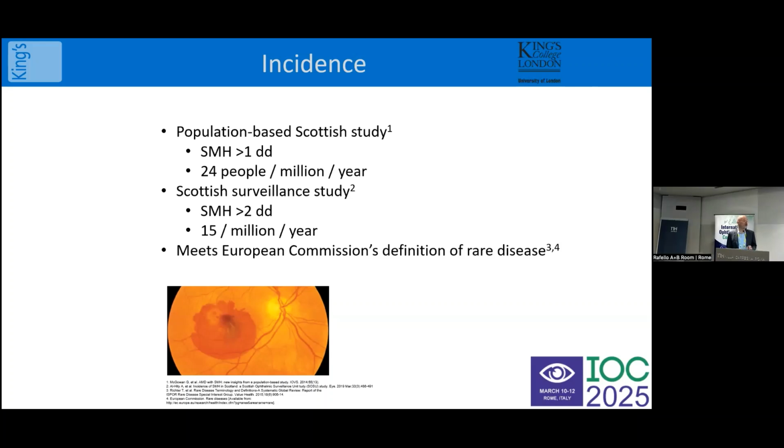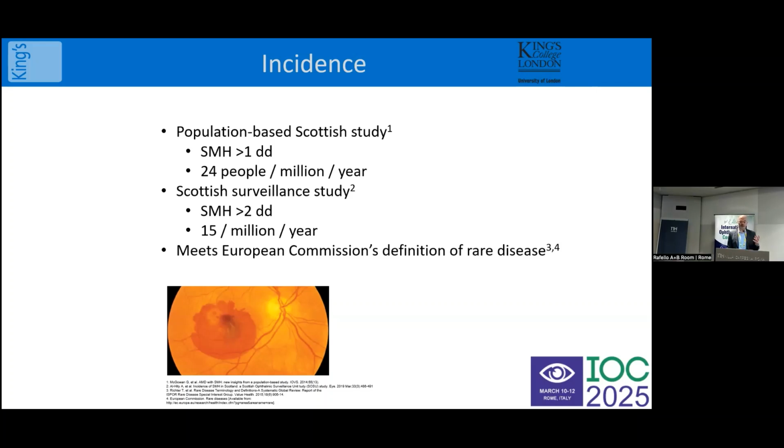So how common, or I would say probably how uncommon, are submacular hemorrhages due to wet AMD? There's different data out there, but I think probably two of the best studies were population-based studies, both, I think by coincidence, based in Scotland. It depends which definition you take.